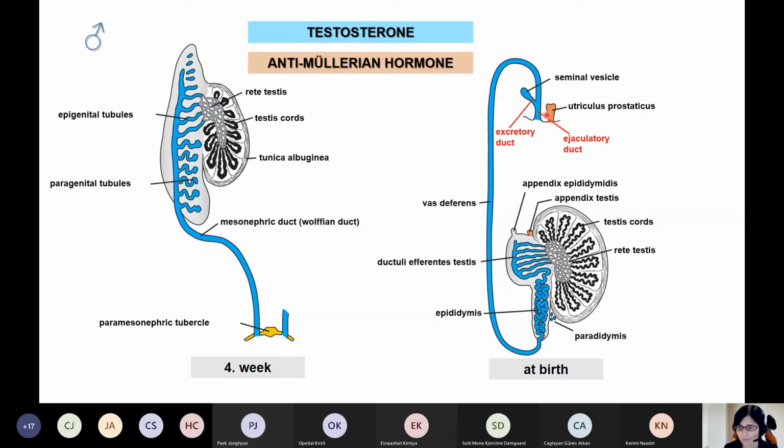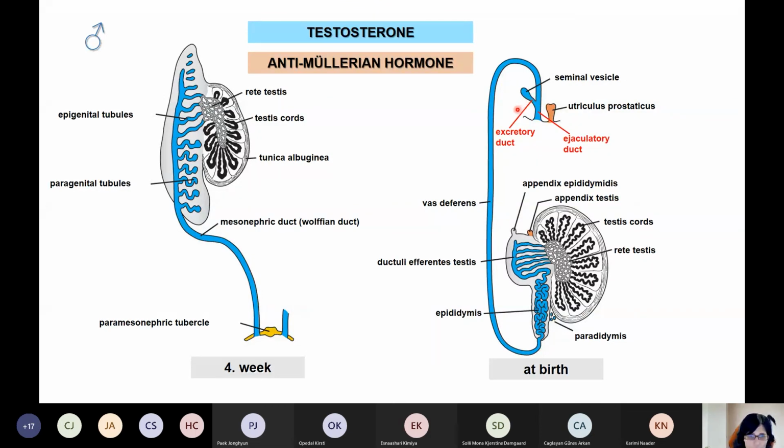Near the junction between the derivatives of the urogenital sinus and the mesonephric duct, one protrusion will occur in the 10th week of development, and this protrusion will give the seminal vesicle. And then this protrusion will also define its excretory duct, and the mesonephric duct beyond the origin of the seminal vesicle will be the ejaculatory duct.